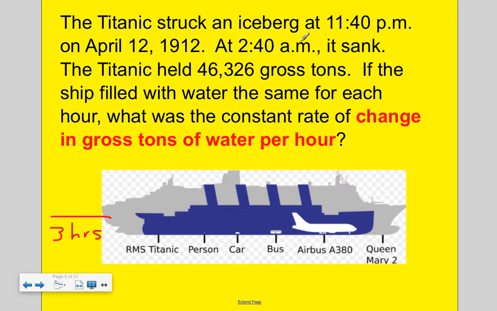It took 3 hours for it to sink, and it held 46,326 gross tons. I want to know how much is changing in tons of water per hour, each hour for 1 hour. So we need to divide this.